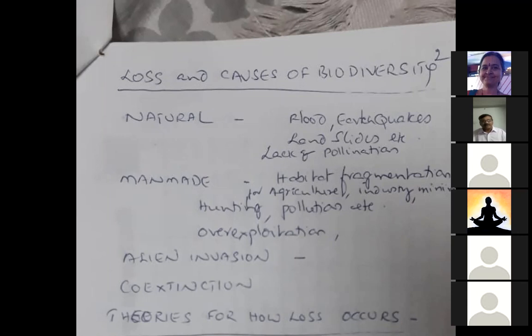Then hunting. You are hunting some animals for your meat, food needs, for commercial needs. That means the number of that particular species is getting less. After some more years, it may not be seen at all. What happens to that particular animal in the food chain where it is connected? In that food chain, the link is connected.